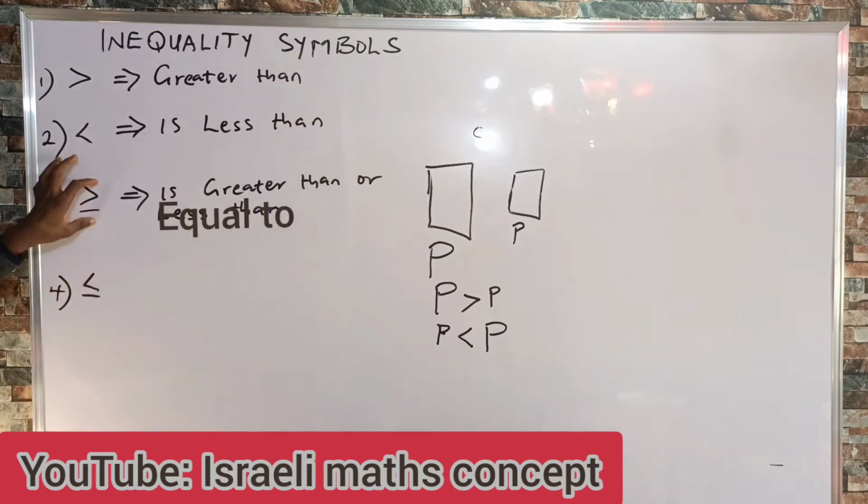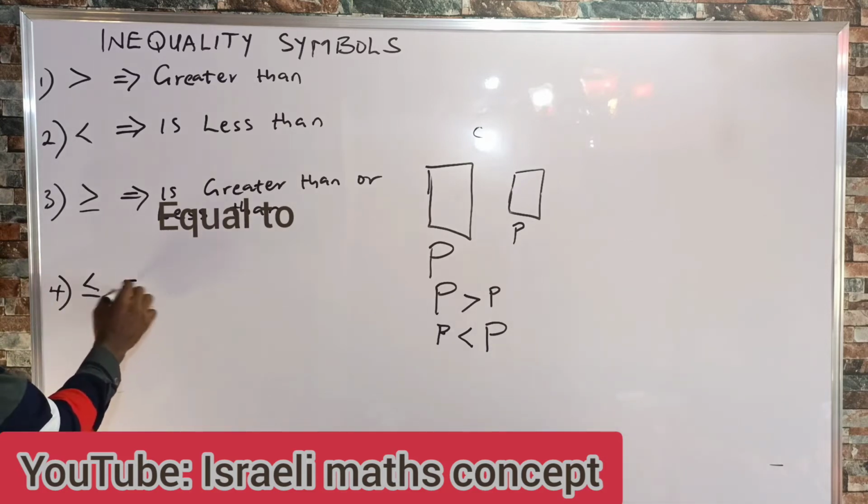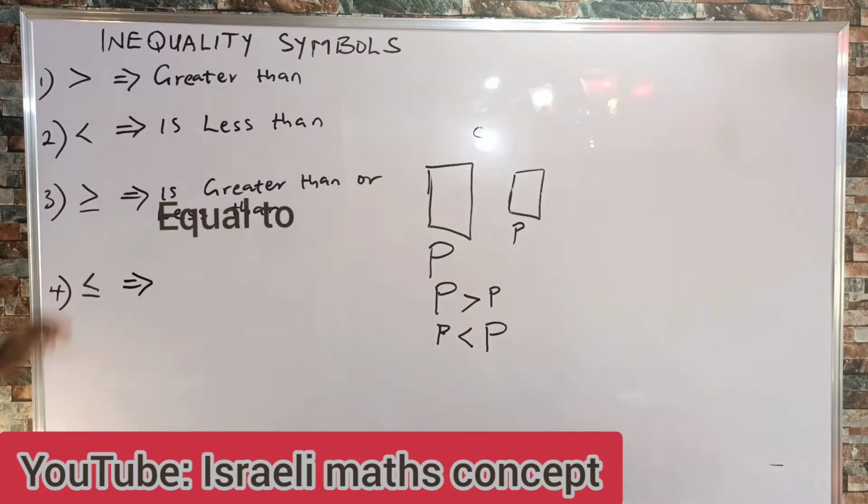I'm still going to come back to explain what this number 3 means. By the time I begin to explain from number 1 to number 4 again, you will understand better. But let's go into the number 4 inequality symbol, which is less than or equal to.